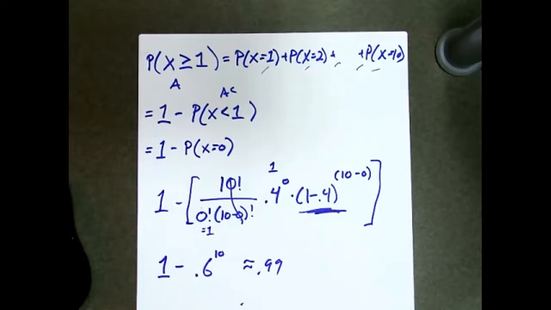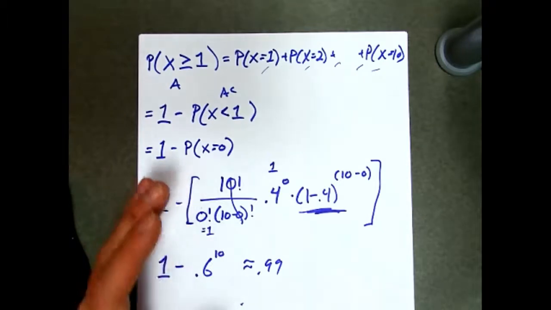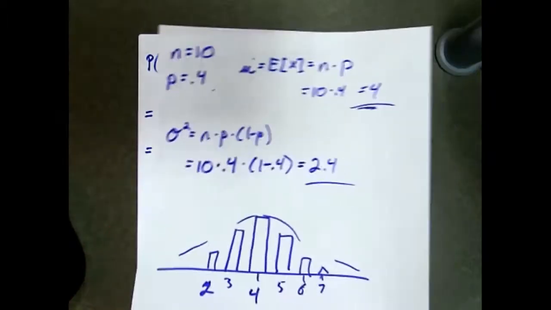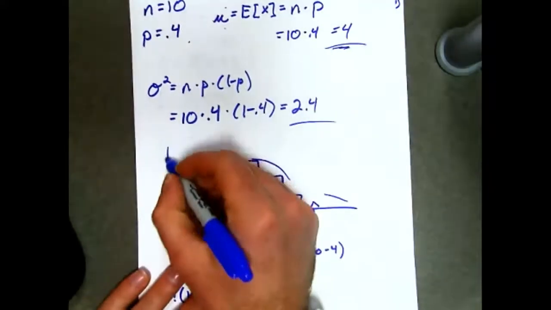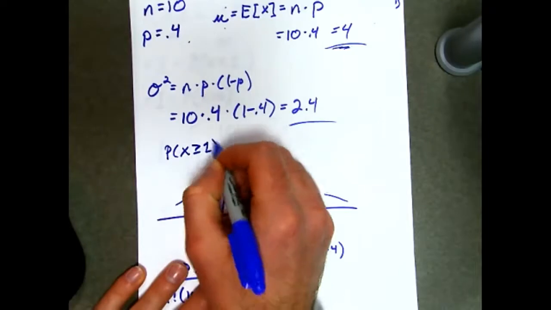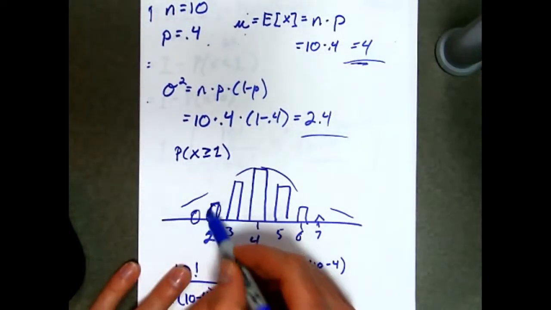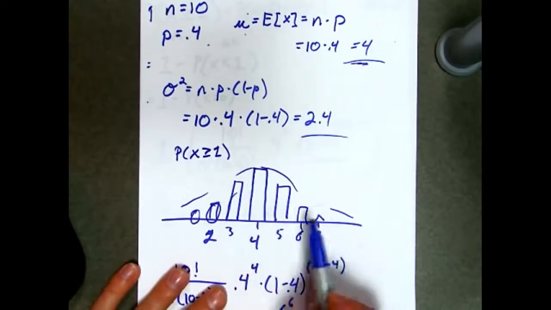But I wanted to point something out here. Let's say I got lost in the formula and something wasn't making sense, or I forgot to subtract it from 1 and I got a really small value. Going into this one, I should have thought about this ahead of time. I wanted the probability that X is greater than or equal to 1. That would mean take the probability X is equal to 1, add to that the probability X is equal to 2, plus 3, plus 4.